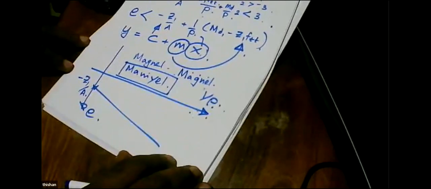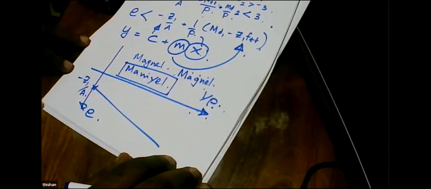So all over the world, people call it Magner diagram. But because we write it as Magner, while his name is Manier, it's actually Manier's diagram.